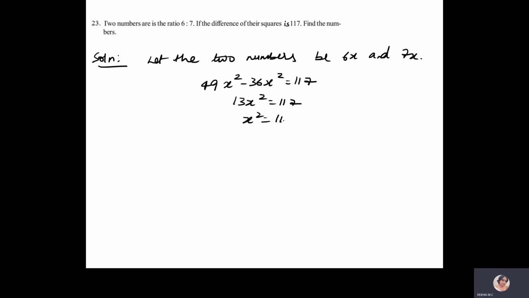X square is equal to 117 by 13, that is equal to 9. So x is equal to plus or minus 3. We can consider the positive number 3. So therefore, the numbers are 3 into 6, 18, and 7 into 3, 21.